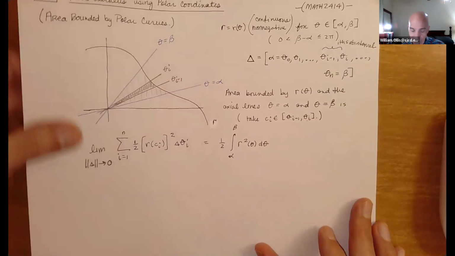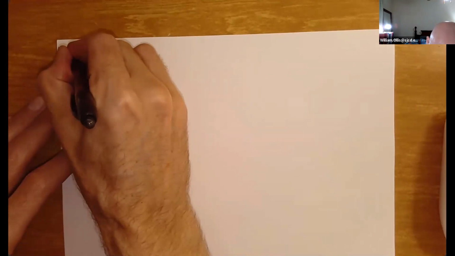So let's look at some examples of the use of this. I thought I'd start out with a real simple curve, basically a circle. So here's a simple example.